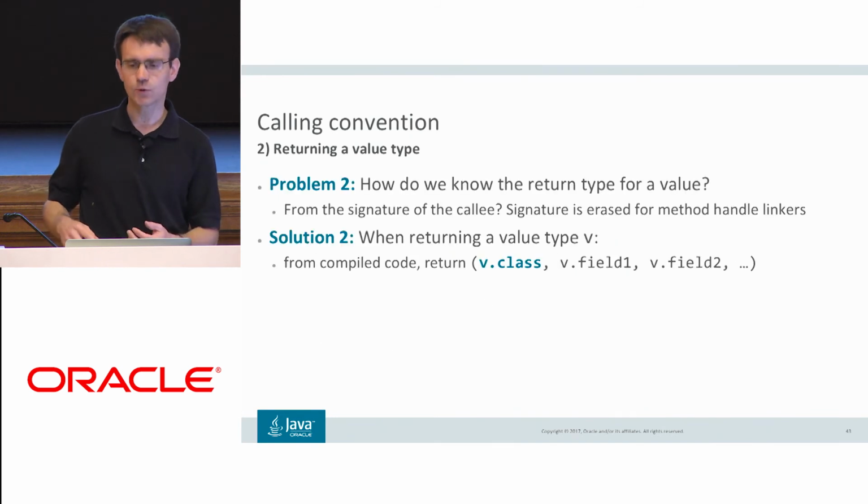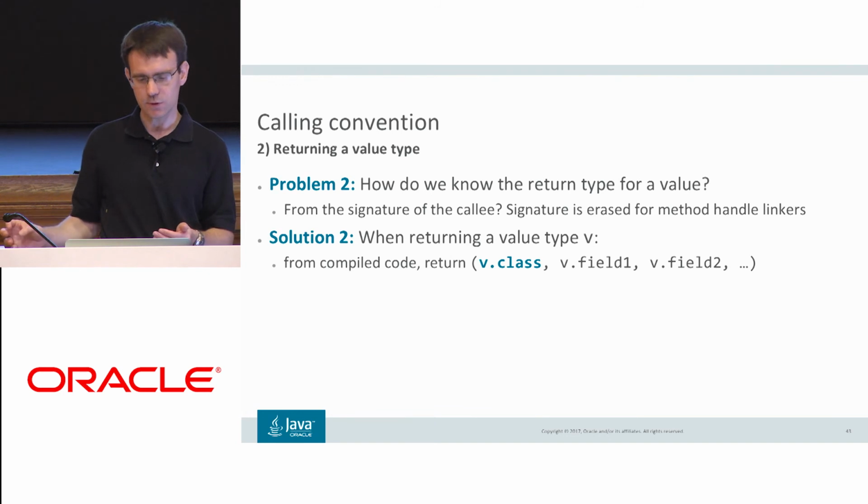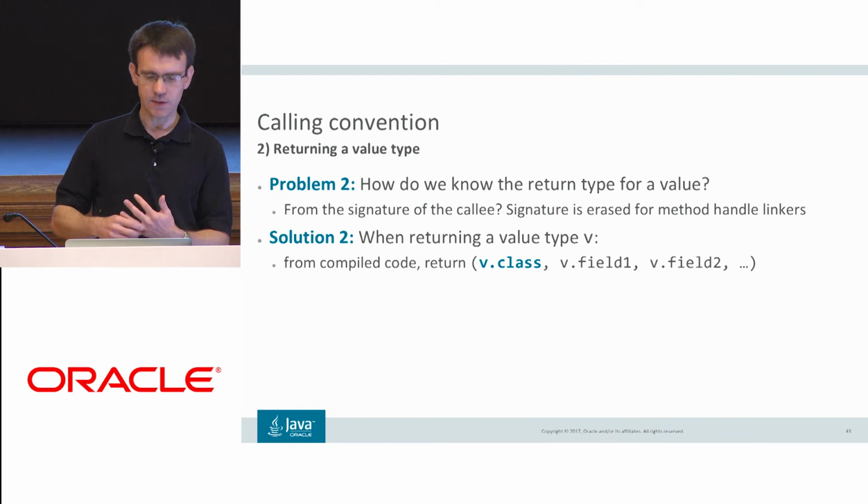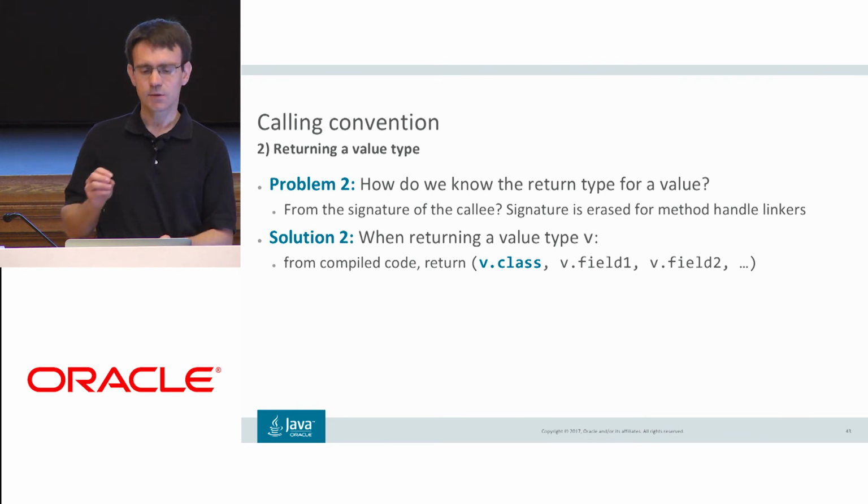The problem is how to reconstruct a value type from fields in registers. You need to know the exact type of the value type. Can you get it from the signature of the callee? Unfortunately not, because in the MethodHandles linkers, the signature is erased. So the new return convention has one more argument.